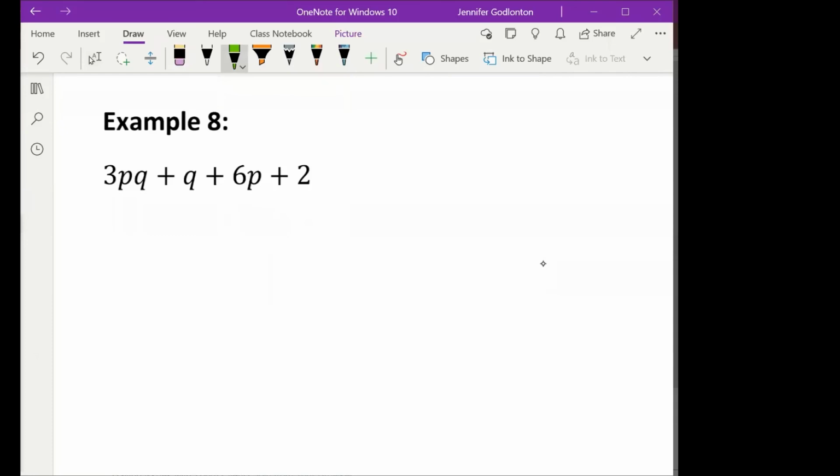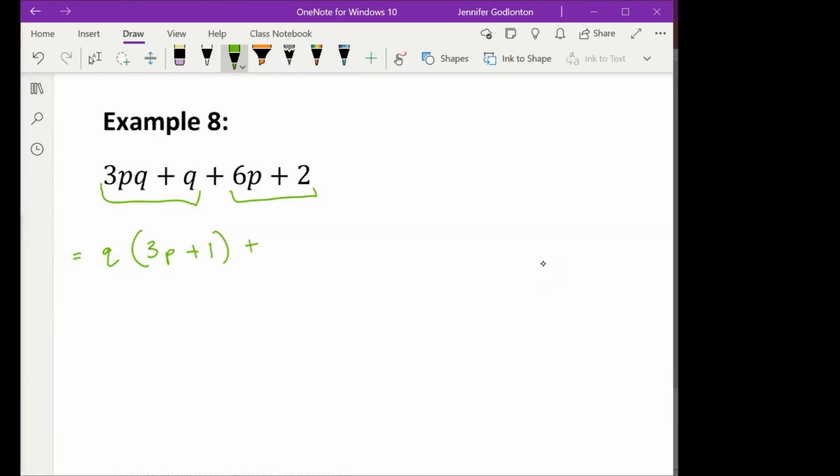So, ma'am, on the first one, you take out the common factor, which is Q. Open bracket, 3P, close bracket, which is the common factor.